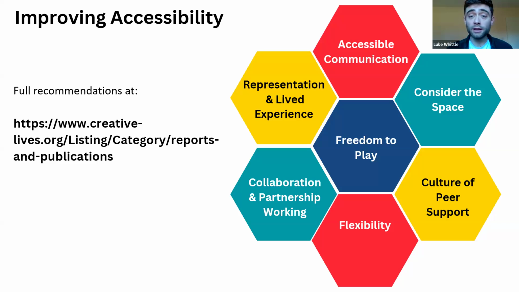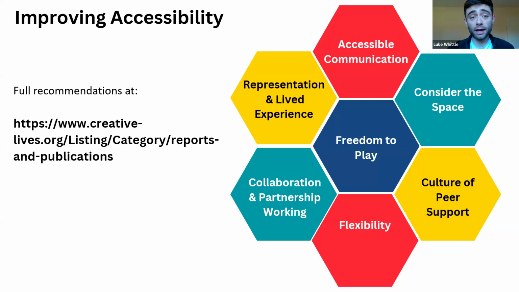So first of all, that idea of accessible communication that we talked about, groups mentioned making sure that they promoted their activities in an accessible format, and making them widely available to suit their audiences, and just being open and honest about the levels of accessibility.